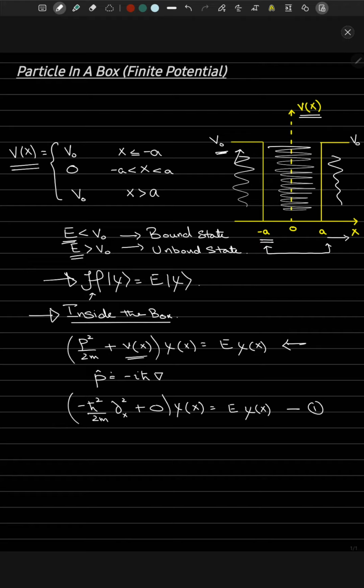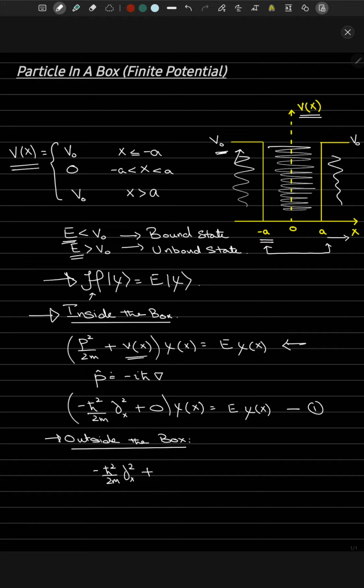And then I'm also going to write down for outside the box the same energy eigenvalue equation, which will now take the form of negative h bar squared by 2m partial x squared plus.